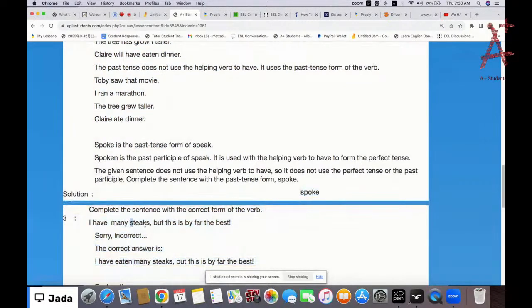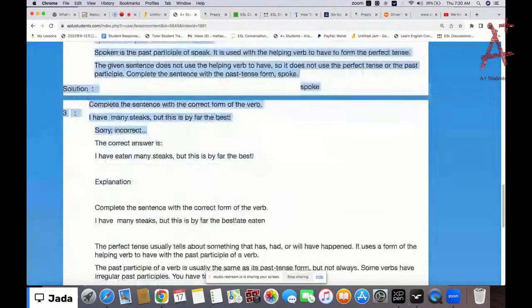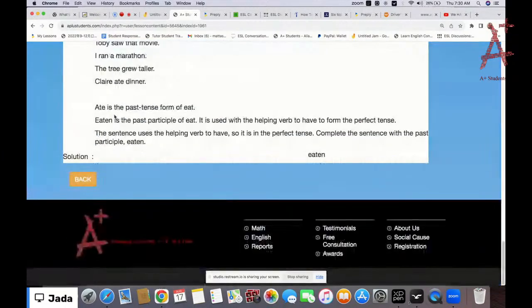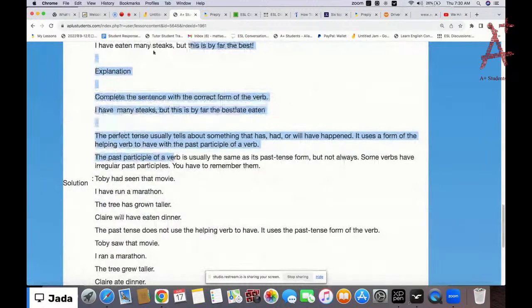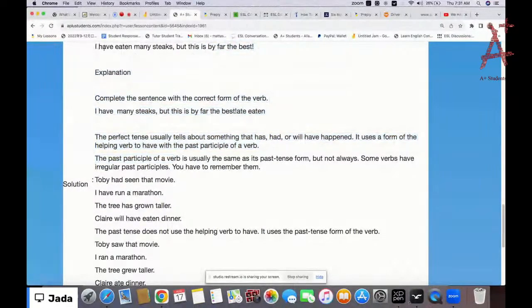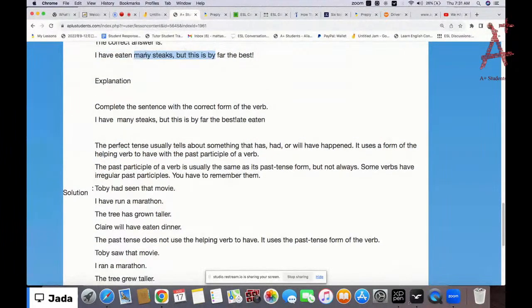I have dash many steaks, but this is by far the best. I have eaten many steaks, but this is by far the best.